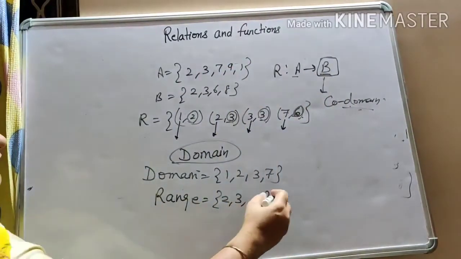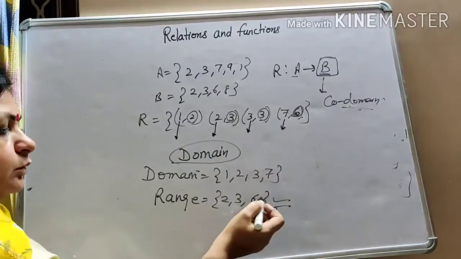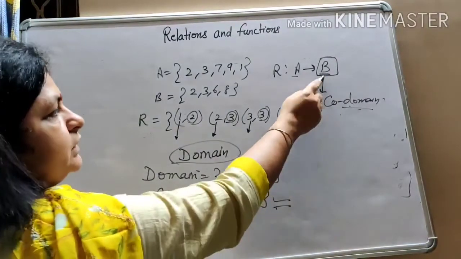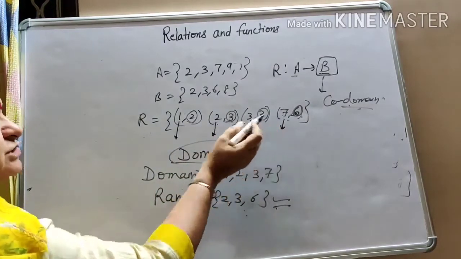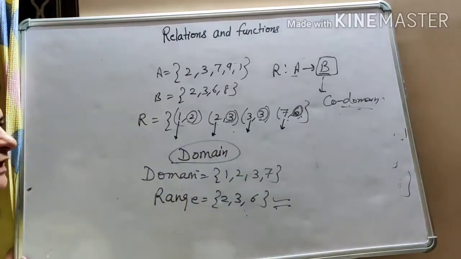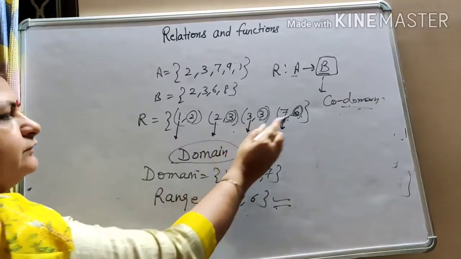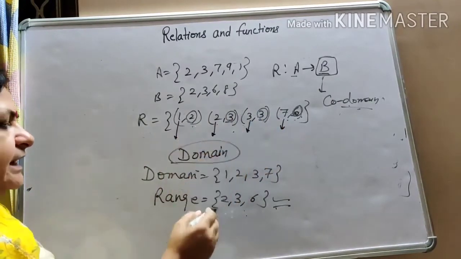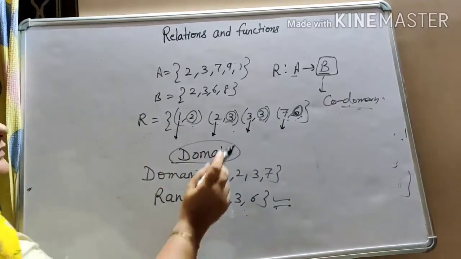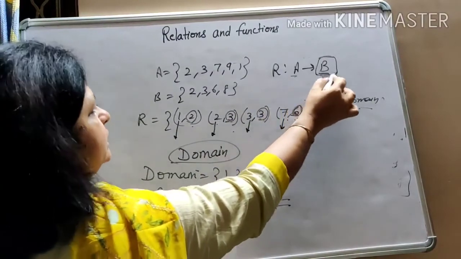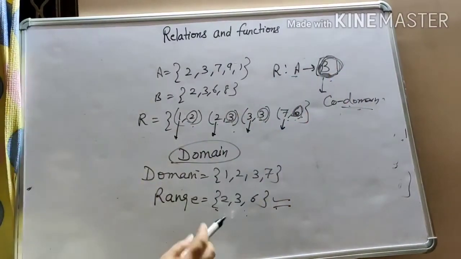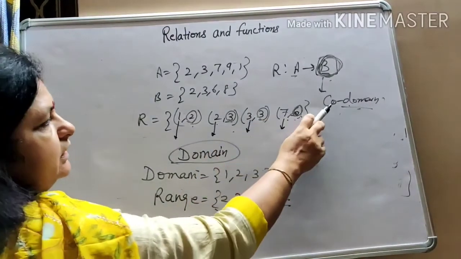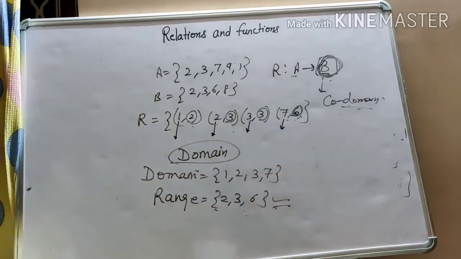And we can say range is always the subset of codomain. So first element of relations will be considered as domain. Second element of this relation will be considered as range. And if relation is from A to B, then the second set will be considered as codomain. And range is always the subset of codomain.